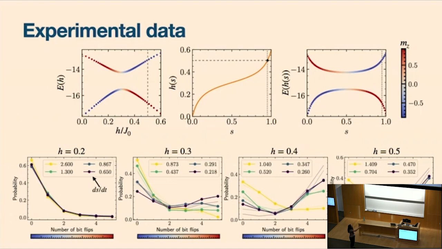So for example, here at 0.5, for this value of the speed, it means if you go very slow, most of the spins will be pointing up, so the string is broken, while if you're very fast, like this yellow line, most of the spins are pointing down, so the string doesn't break.